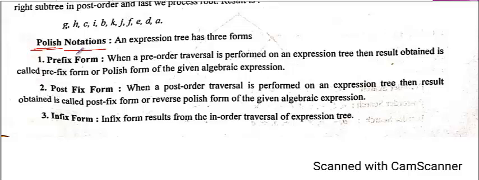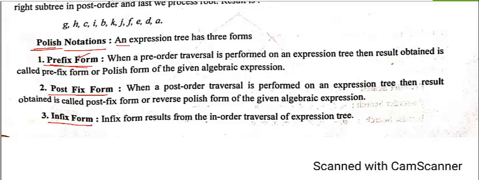In the Polish notation, you have three forms. First is the prefix form, postfix form, infix form. So we will discuss one by one what is the meaning of that. This is basically how you will write the expression, and we will try to explain it to you.